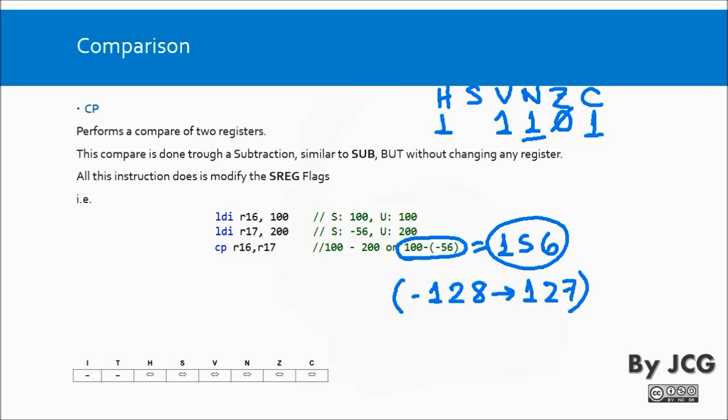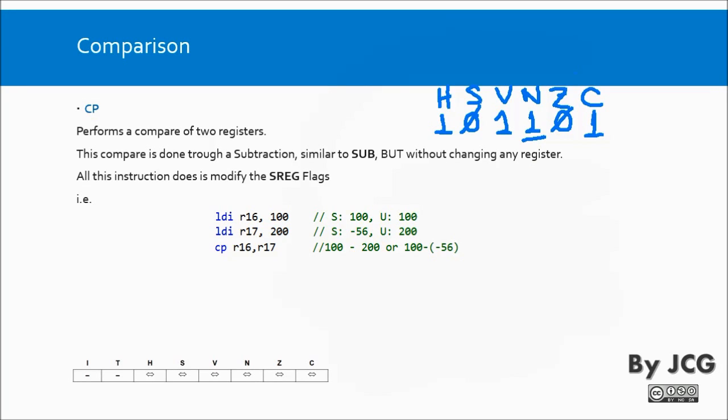And if you remember, the sign bit is equal to the XOR between the V flag and the negative flag. This means that if both flags are equal, the sign bit is going to be 0, which is the case in this example. We have V equals 1, N equals 1, so the S flag is going to be 0.